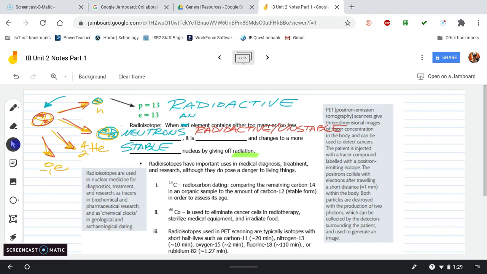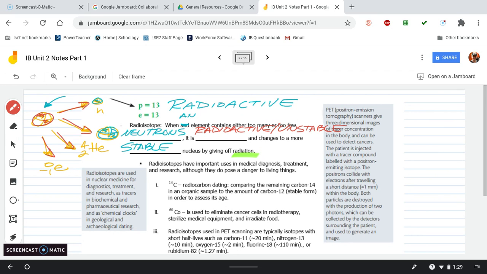So what does IB want you to know? IB wants you to know that radioisotopes are useful, but remember, IB is kind of this world multi-discipline thing. So looking at caring for the world, caring for each other, learning through multiple disciplines.